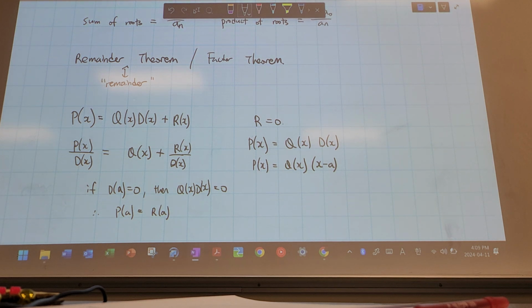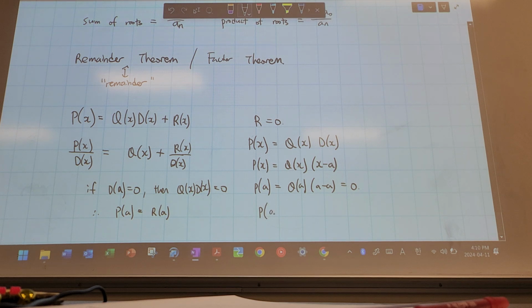At this point, p of a is going to look like q of a times a minus a, and a minus a is 0. So this means that p of a is equal to 0 if and only if d of x, or x minus a, is a factor of p of x.